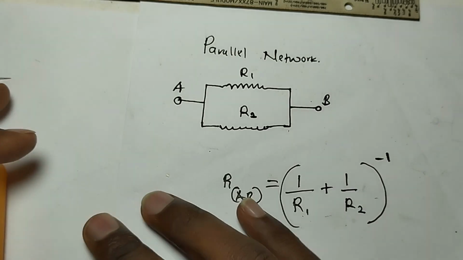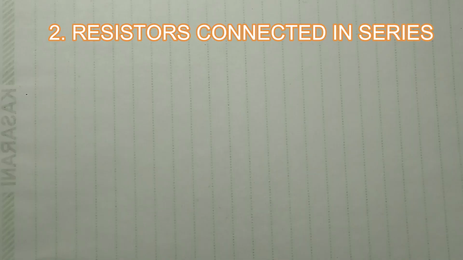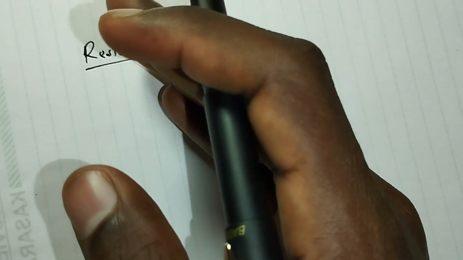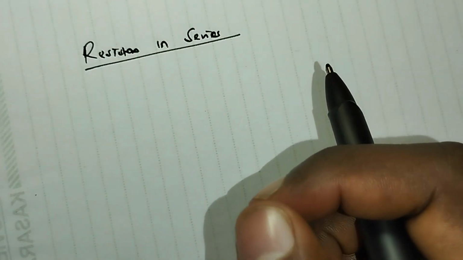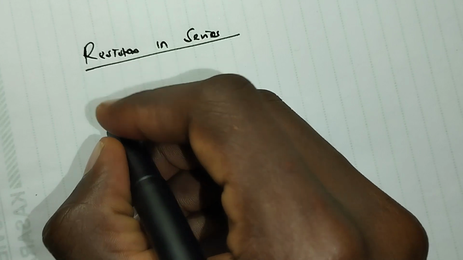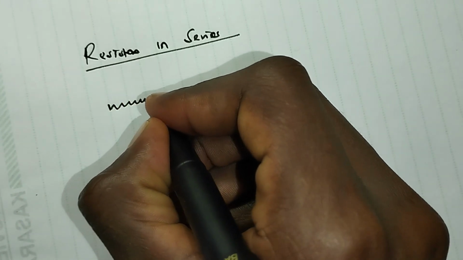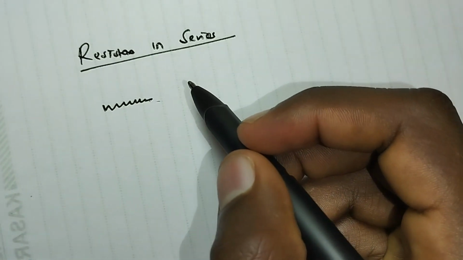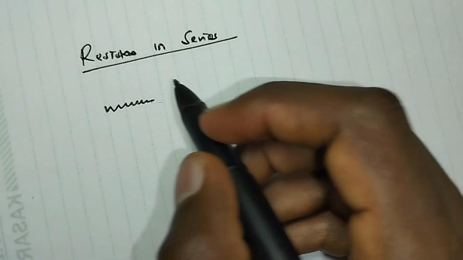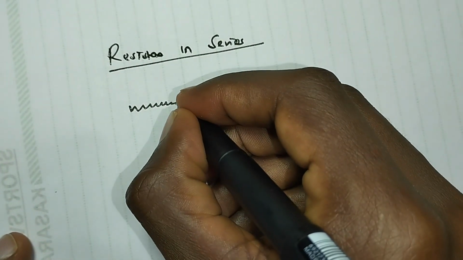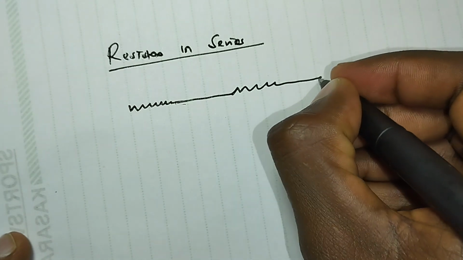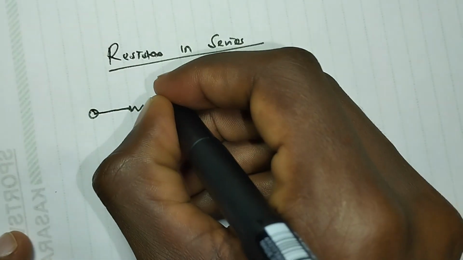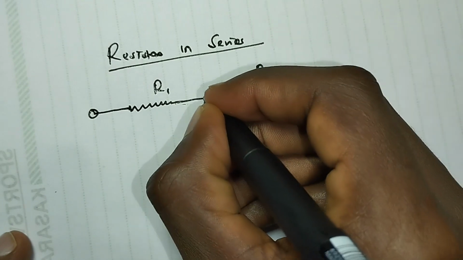So let's go to the next. The last network is resistors connected in series. For resistors in series, this is where you have two or more resistors connected back to back. So let me adjust the light. So you have resistor 1 there, R1 and R2.